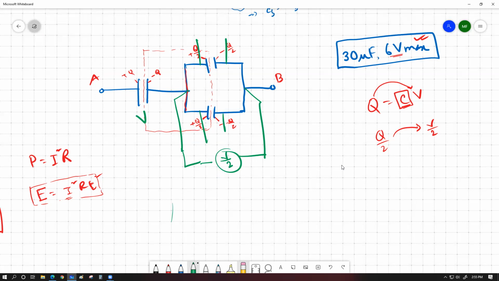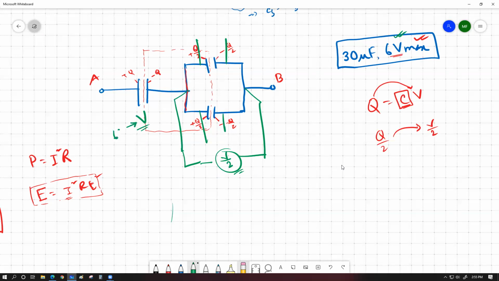Because of the charge sharing, this one has V voltage, this one has V by 2. Now try to compare between these two values. V is bigger than V by 2. We have said that a maximum of 6 volts can be applied. So definitely the maximum voltage should be applied here.